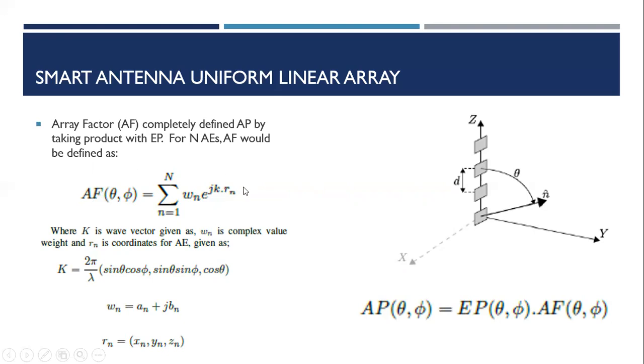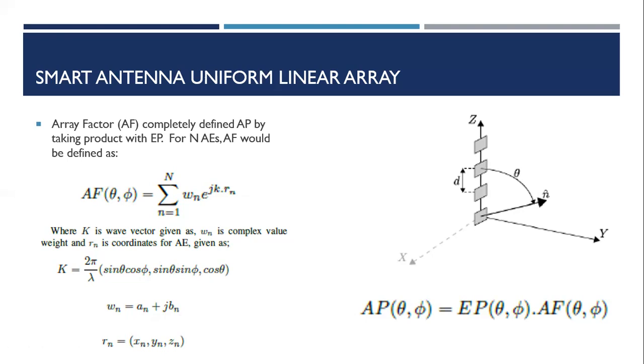The array factor also depends upon two main parameters, theta and phi, which are the two main angles within the spherical coordinate system. And for each of the n array elements that we discussed previously, we will have a different array weight vector given by Wn right here. So Wn is the weight vector and it is a complex weight vector, expanded here as An plus jBn. It contains a complex part as well as a real part.